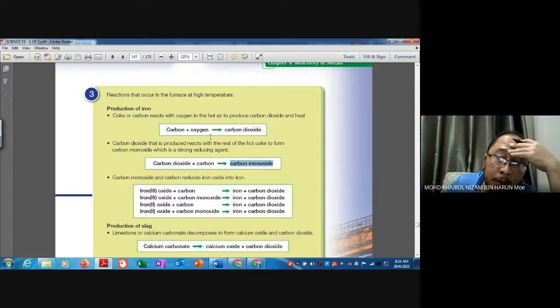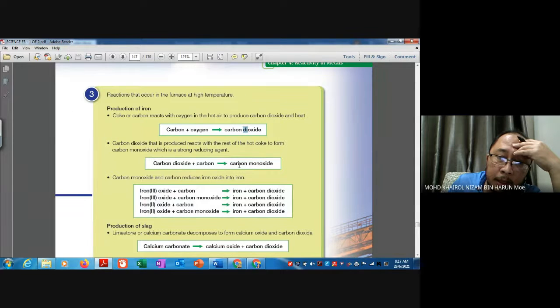So we have two different types of carbon compounds here. Carbon dioxide is a gas, carbon monoxide is also a gas, but they are different in terms of chemical characteristics. Carbon dioxide gas will be produced, and then it will further react with the rest of the carbon to form carbon monoxide, mono.